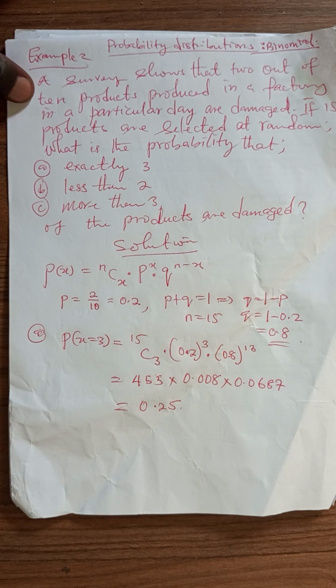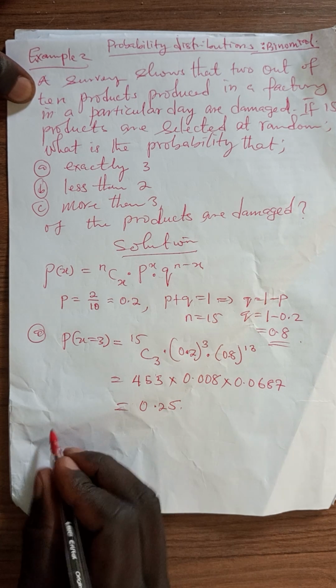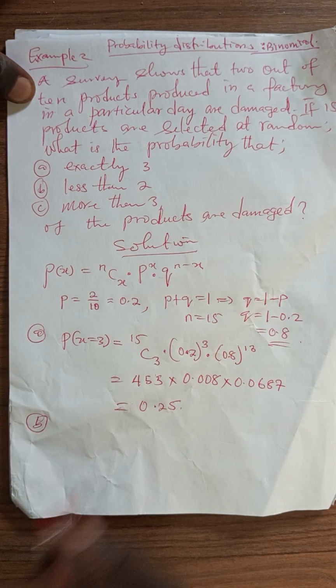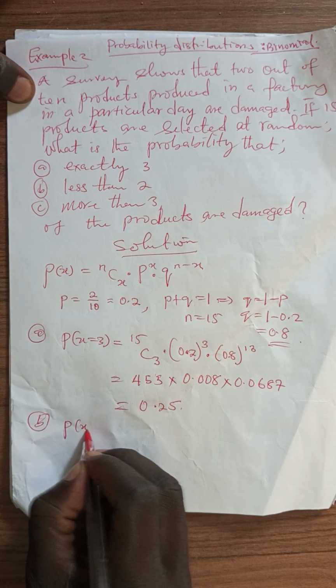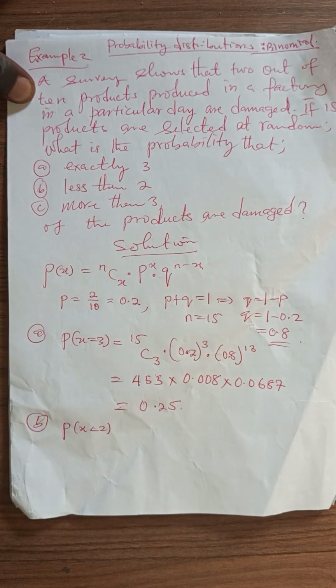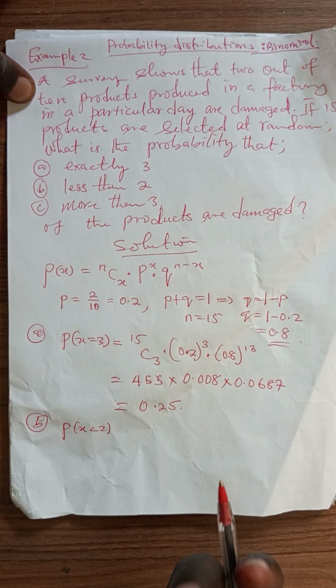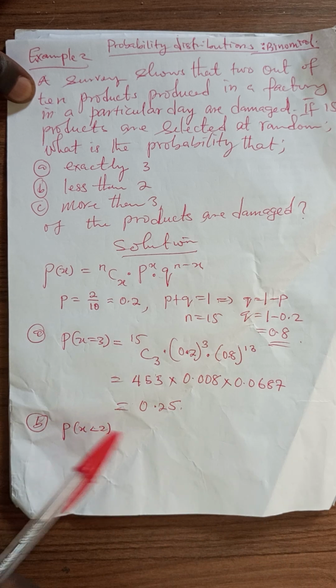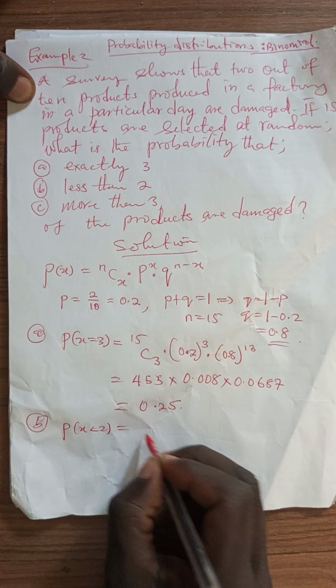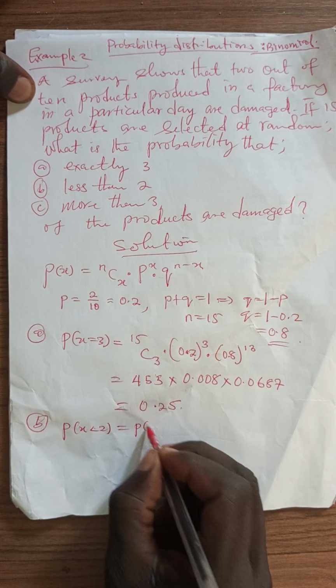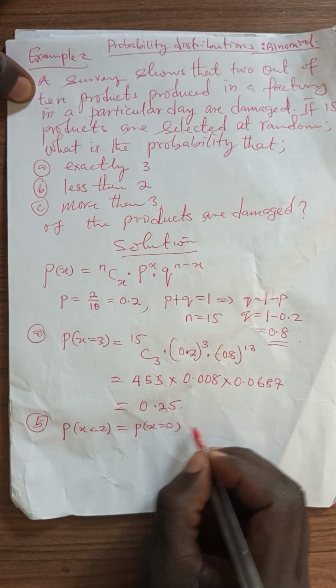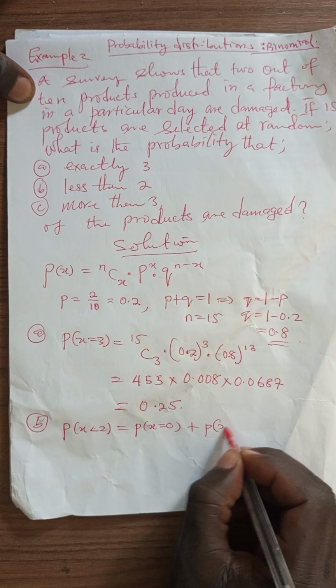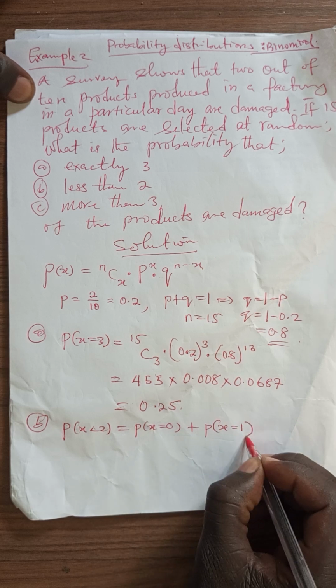Now we go to the B part of the question. For the B part of the question, we say probability of x less than 2. X less than 2 means the discrete numbers less than 2 are 0 and 1. So this is equal to probability of x equals 0 plus probability of x equals 1.